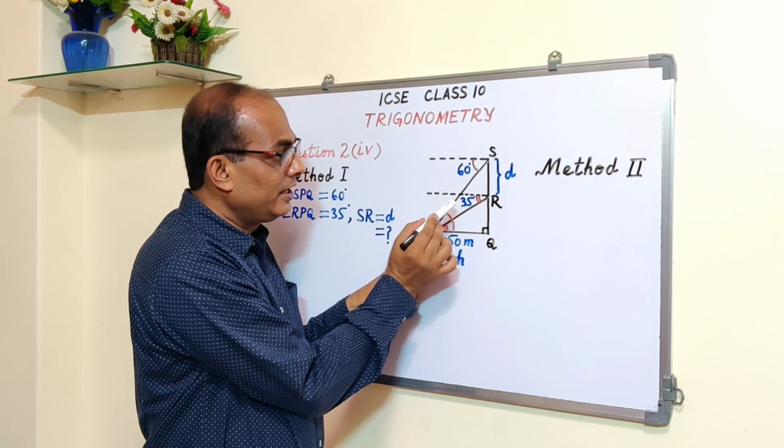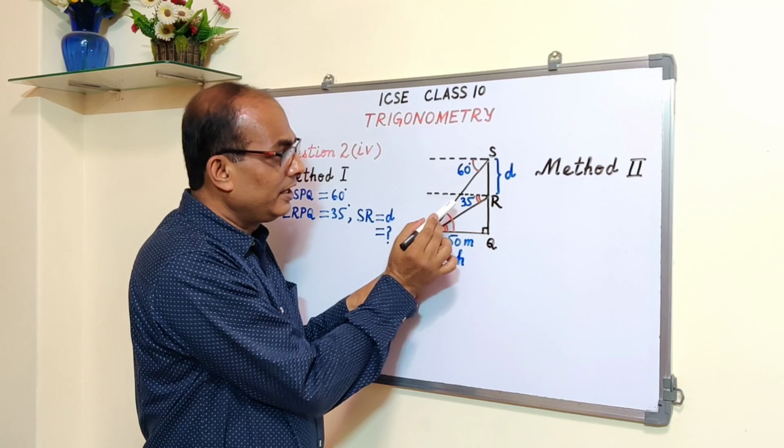Now if this is 60 degree, this will be 60 degree. Which one? Angle SPQ, because this angle and this angle are alternate angles and these lines are parallel. So they are equal.